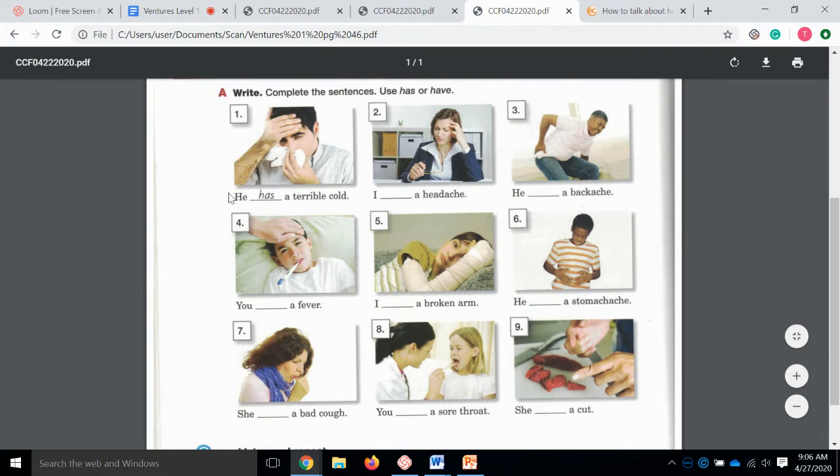Okay, so we're talking about he. He is our subject. So if it's he, which one do we use? Do we use has or do we use have? So he's blowing his nose. We see here a terrible cold. He has a terrible cold.